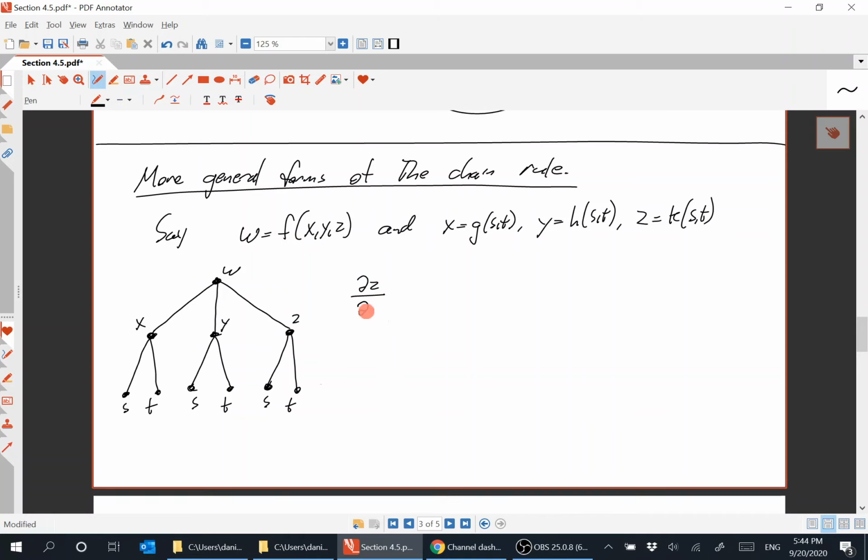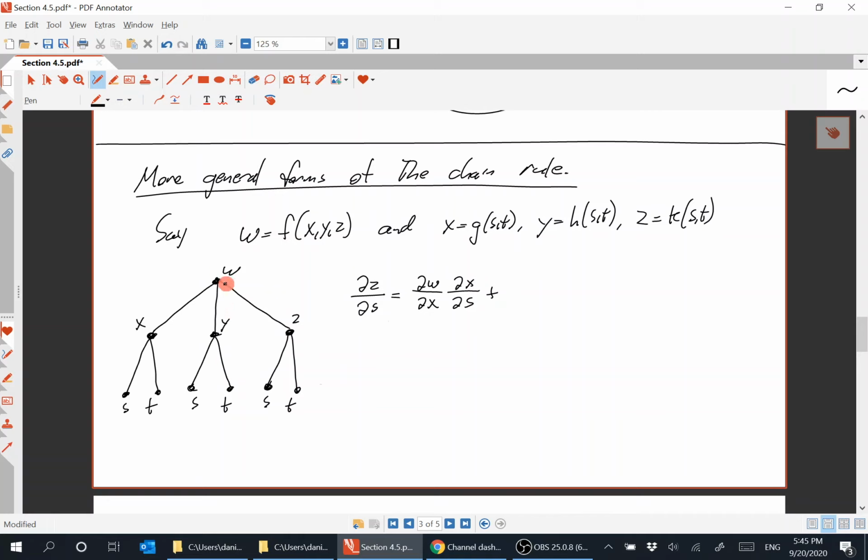So the partial of w with respect to s: go down the tree to s, w to x to s. So dw/dx dx/ds. And now it's all partials because there's no ordinary single variable functions going on here. Everything is a multivariable function, so it's all partial derivatives.